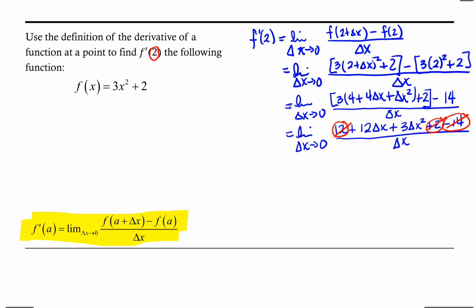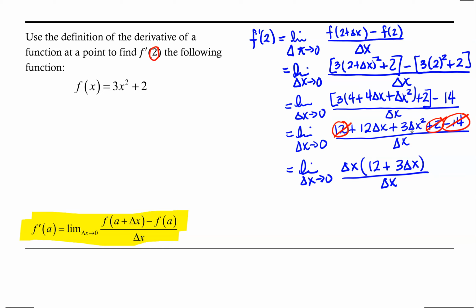That all sums to 0. We also notice that there is a common factor of delta x in the remaining terms, so we will factor that out. So we will have the limit as delta x approaches 0 of delta x times 12 plus 3 delta x, all divided by delta x.